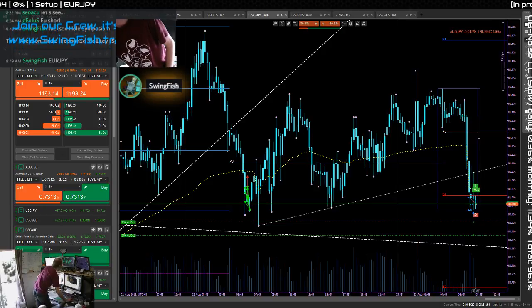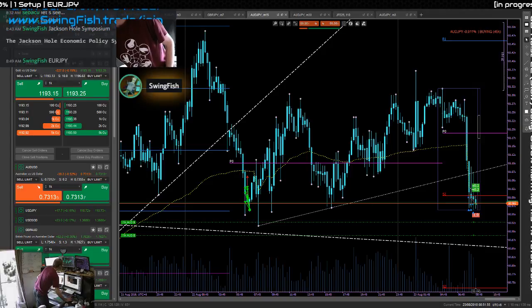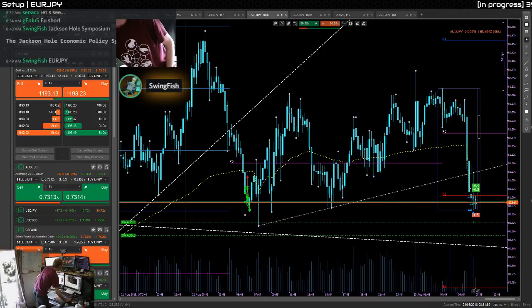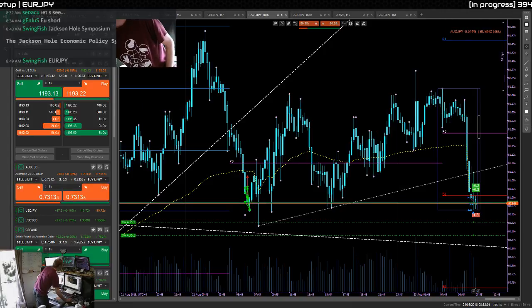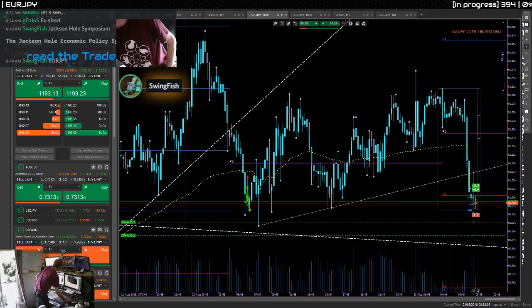Yeah, it looks there too now. EURJPY still fighting. Well, EURJPY has a lot more to go down. It's 19 pips from here. A lot of room to buy more.